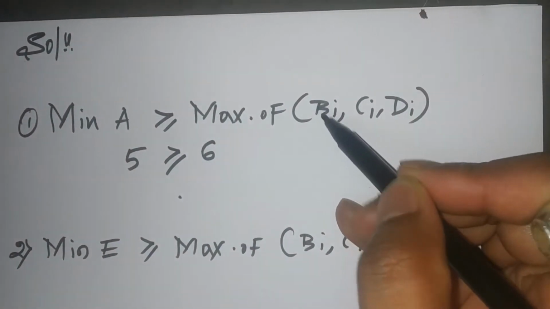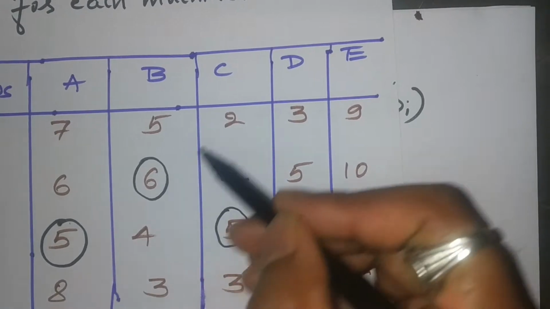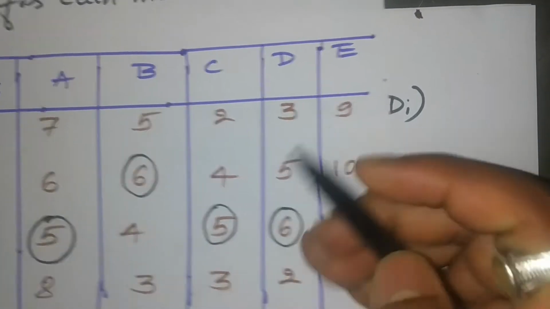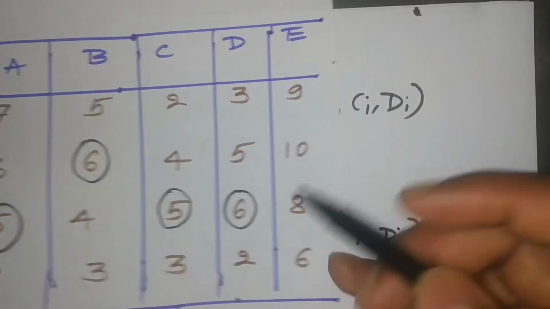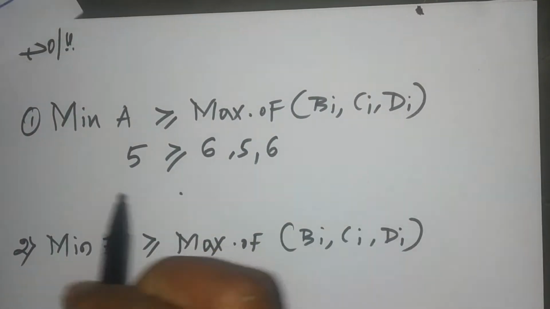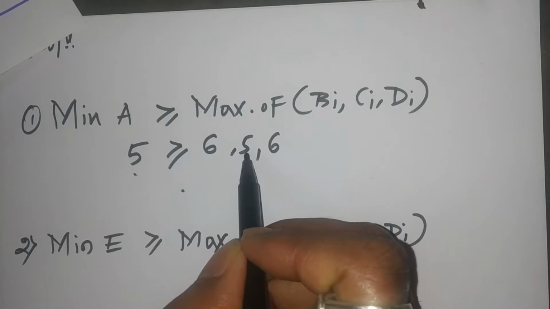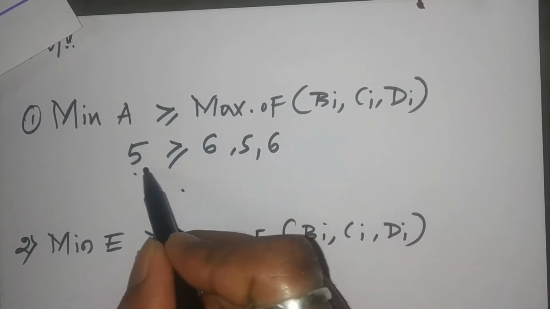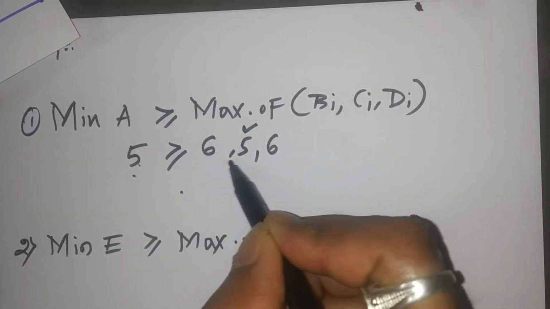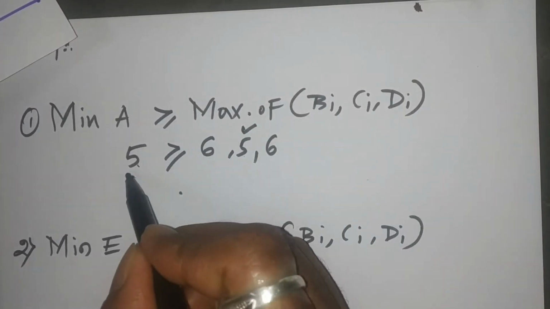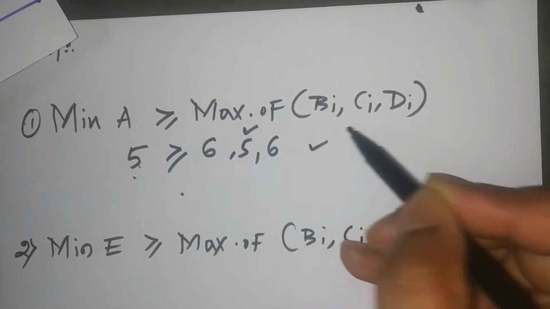The maximum time of machine B is 6, of machine C is 5, and of machine D is 6. So my 5 is not greater than 6, but it matches with either of these three. So my 5 is equal to this 5, and the first condition is satisfied.